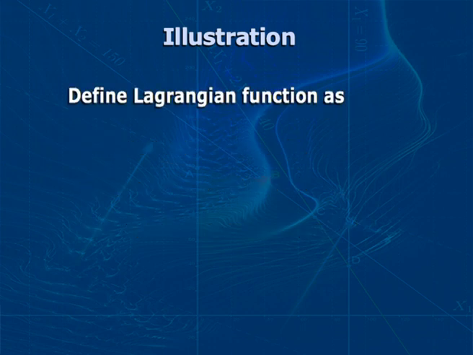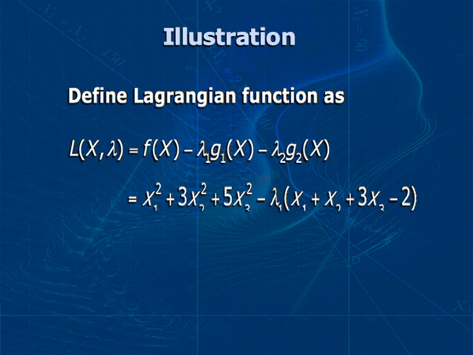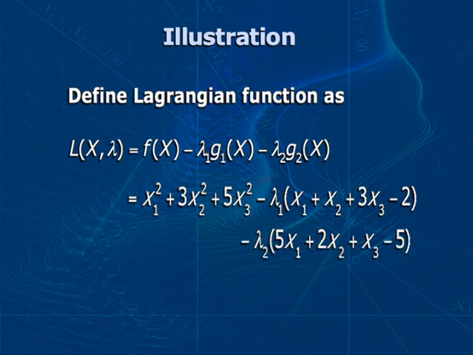Define the Lagrangian function as L(x, λ) = f(x) − λ1g1(x) − λ2g2(x) = x1² + 3x2² + 5x3² − λ1(x1 + x2 + 3x3 − 2) − λ2(5x1 + 2x2 + x3 − 5).